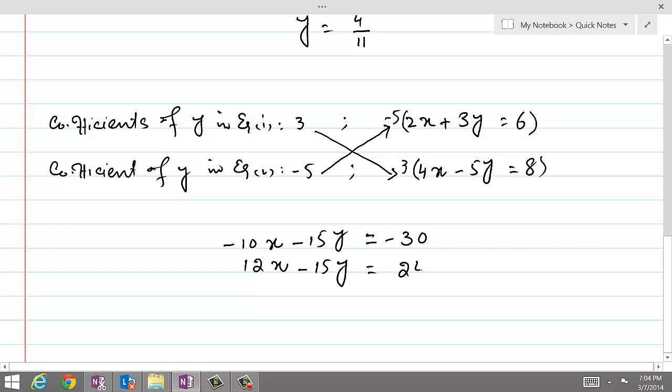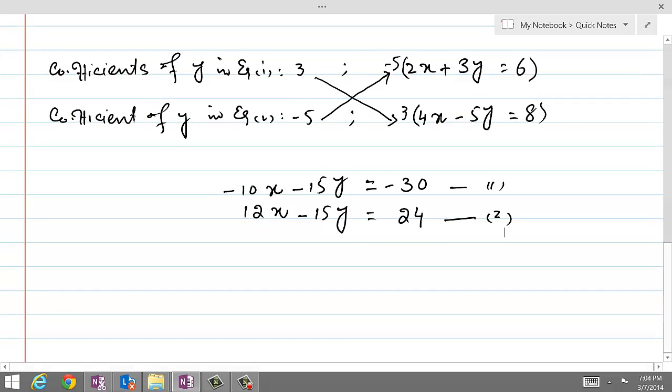Right from the start, our intention was to make the coefficients of y the same, which we have: minus 15 for equation 1 and minus 15 for equation number 2. So this is still equation 1 and this is still equation number 2.